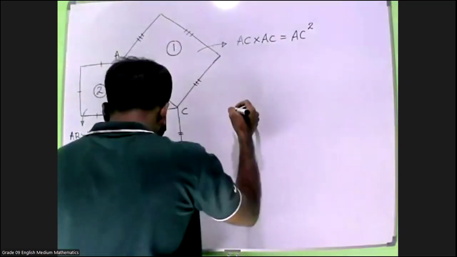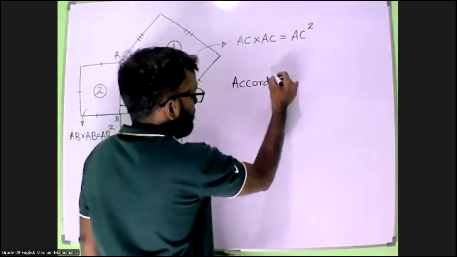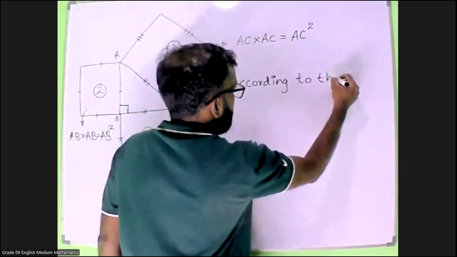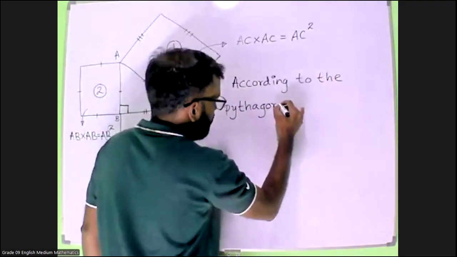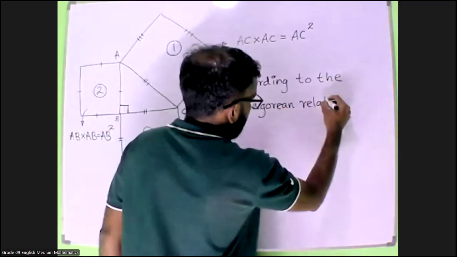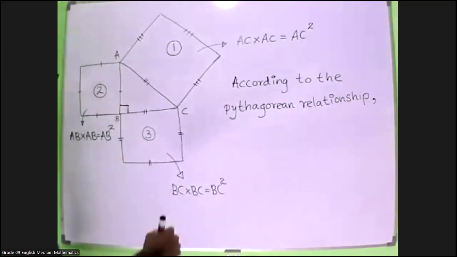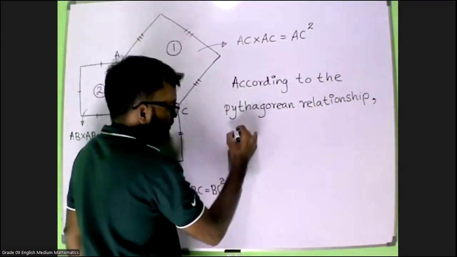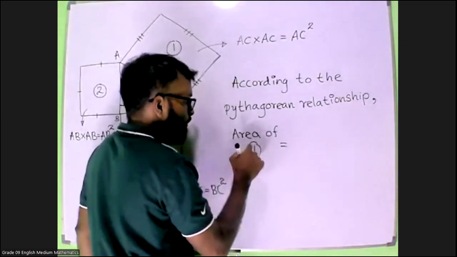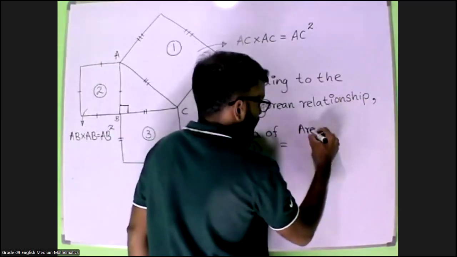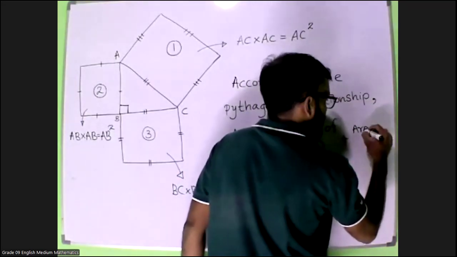That means, according to the Pythagorean relationship, we can write area of 1 equals area of 2 plus area of square number 3.